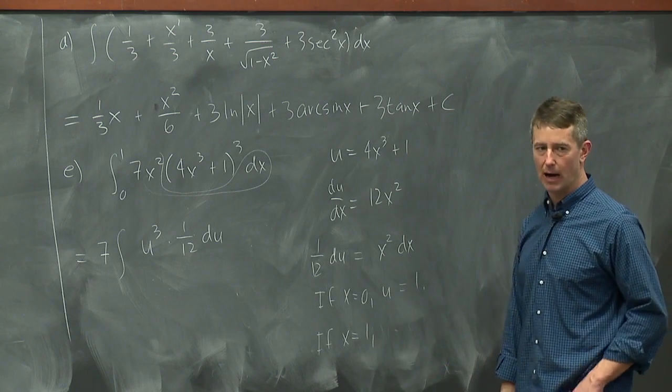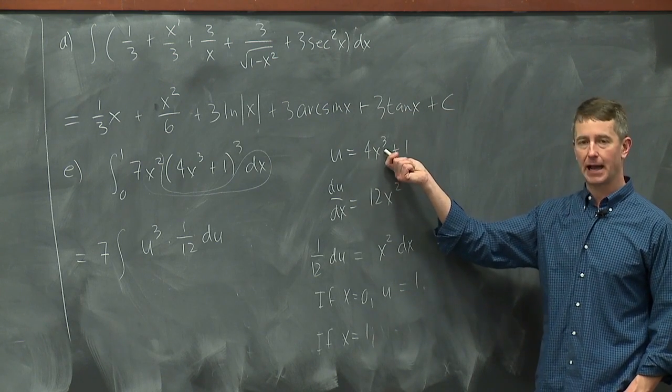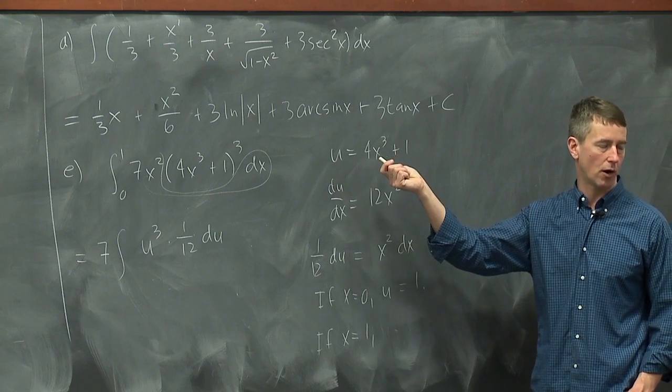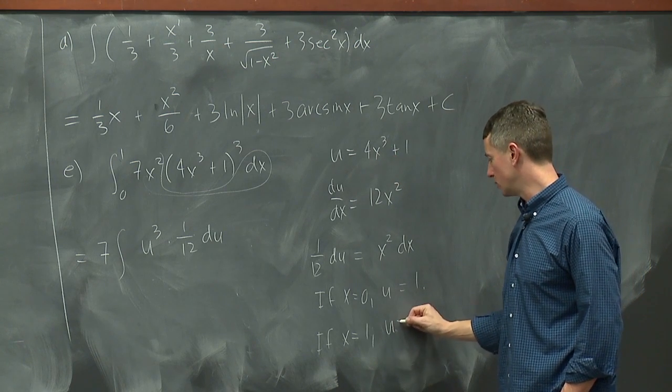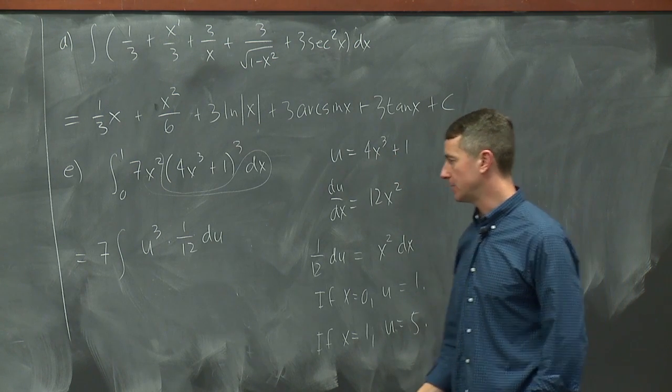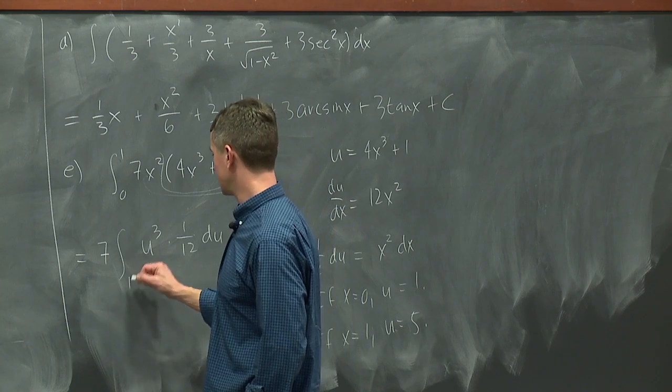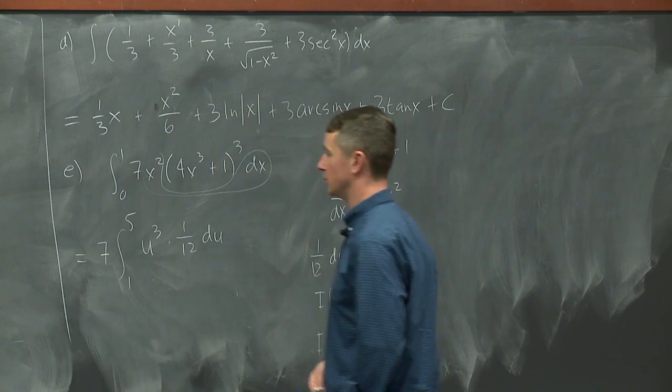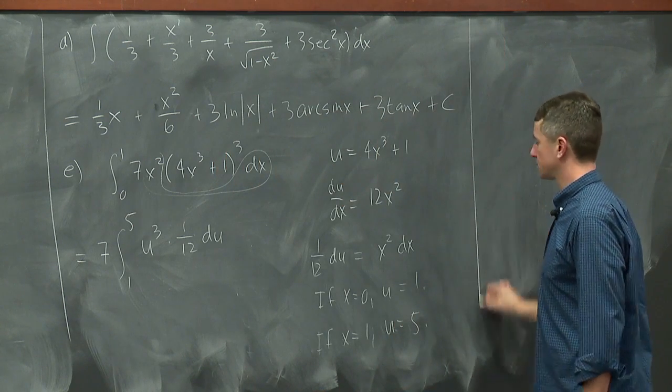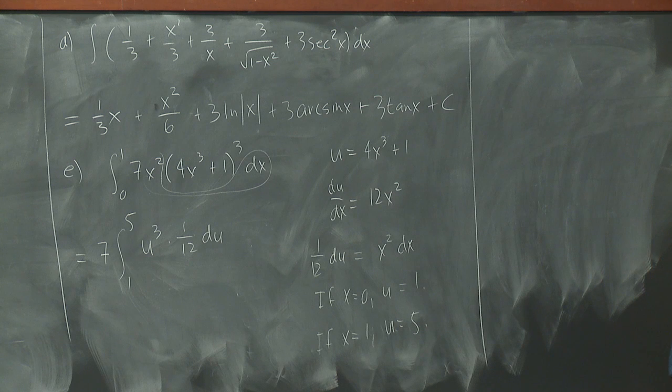If x is equal to 1, if I plug 1 in here, I get 4 times 1 cubed, which is 4 plus 1. So then u will be 5. So my new integral goes from 1 to 5 in terms of u. And that way we never need to substitute the 4x cubed plus 1 back at all.